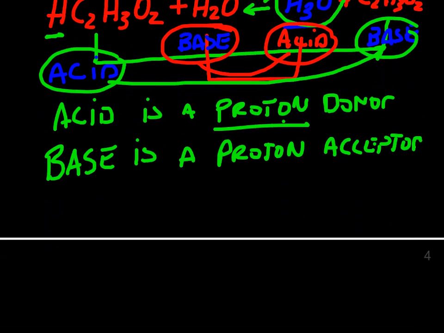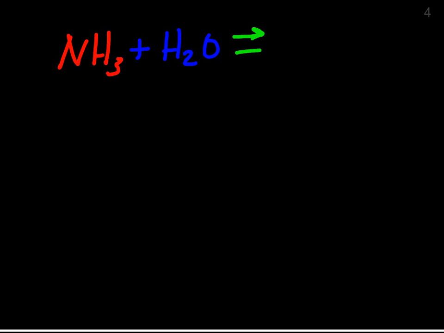Here's an example. I'm going to use ammonia. Okay, if you looked at ammonia, you wouldn't realize that it's a base, but it is a base because it does what all Bronsted-Lowry acids and bases do. It turns water into the acid or the base. Well, in this case, it's going to turn water into a base.